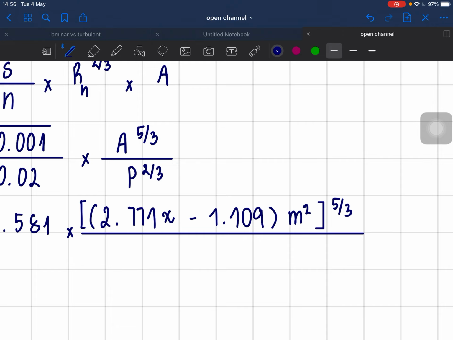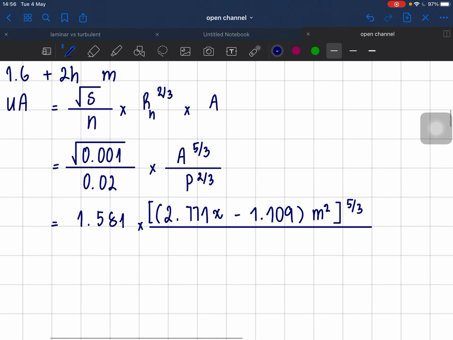And then P is 1.6 plus 2H, to the power 2 over 3. This is in meter.